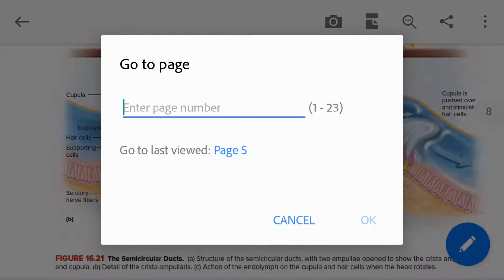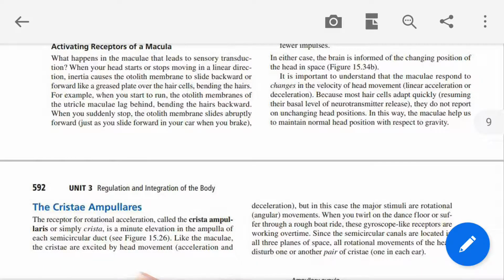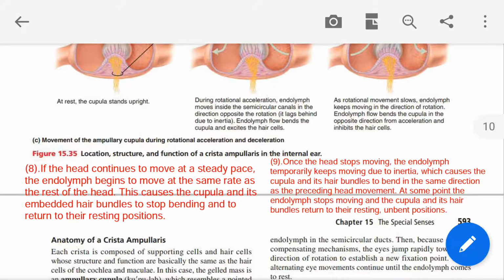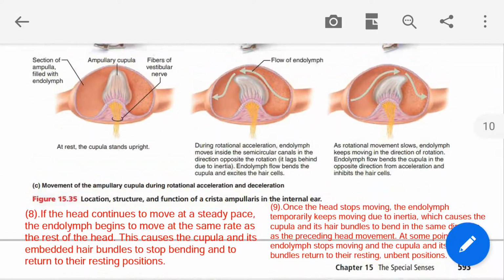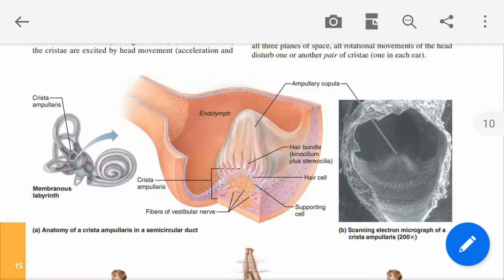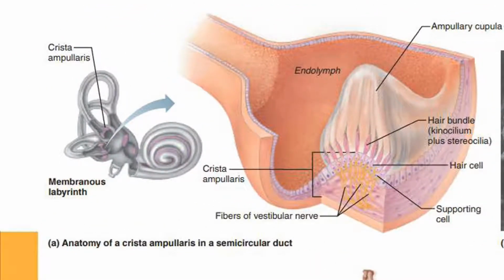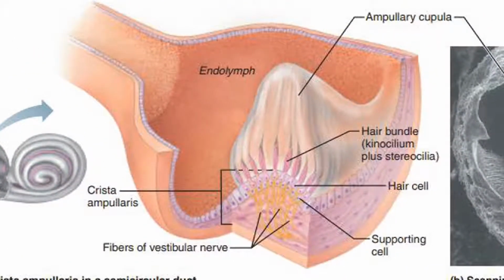One more figure I would like to show you. See in this figure, the anatomy of the crista ampullaris in a semicircular duct.